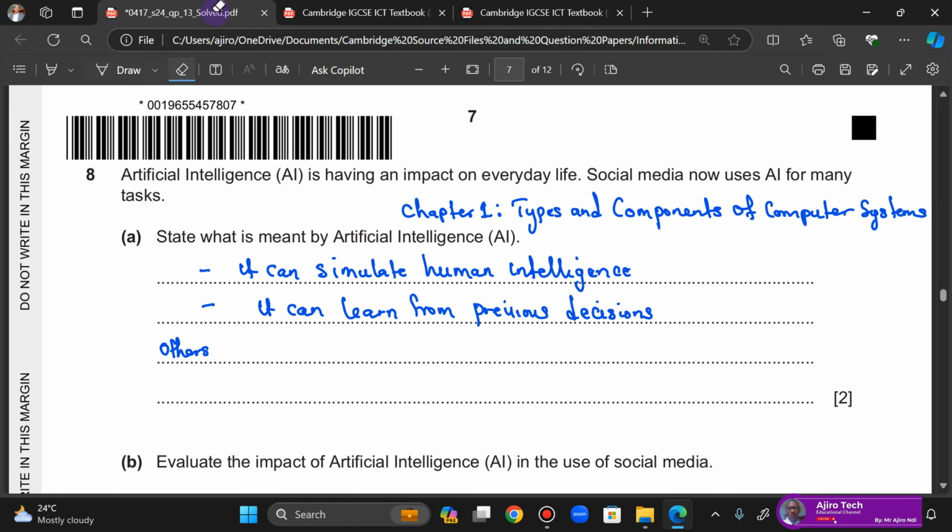I think I have just one more to share, is the fact that it can mimic human problem solving, right? Or decision making.